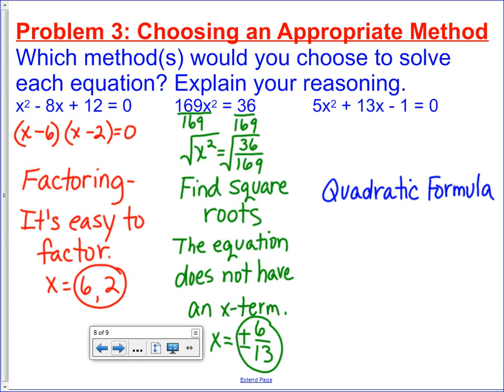Completing the square would not be a good way of doing it because the coefficient of the x squared term is 5, not 1. And so the quadratic formula will work anytime. And so would be my choice since I don't see a good way of doing it otherwise.